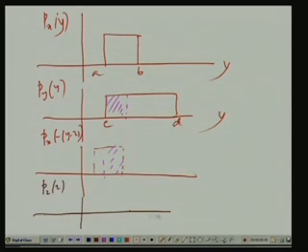For what value of z this thing starts? At a plus c, right? That is the amount of shift I gave. From this point onwards, for that value of z, the overlap starts and the overlapping area increases linearly. After some time, this entire thing comes under this curve, so area remains fixed. As I slide it further to the right, still area does not change. So, height remains fixed.